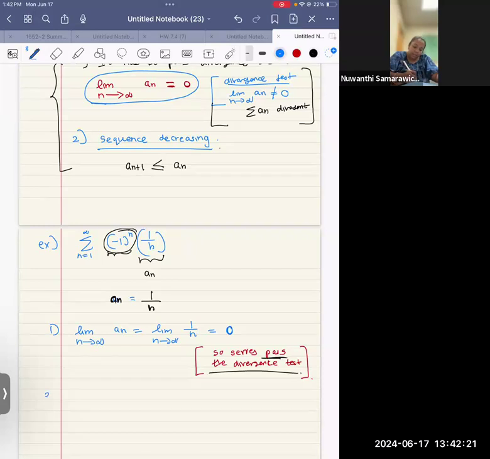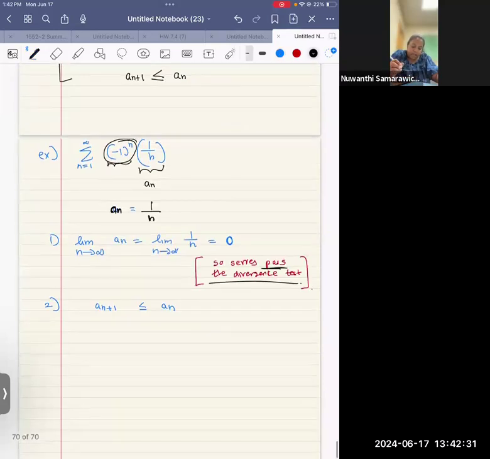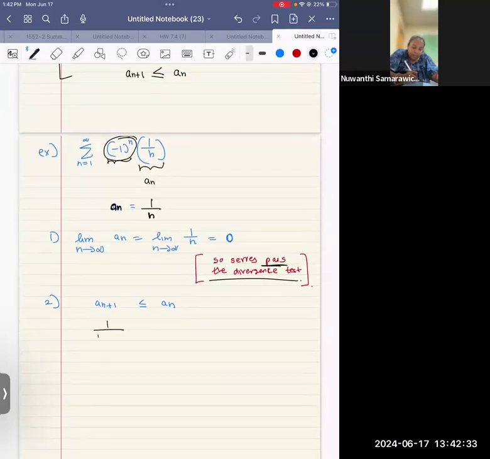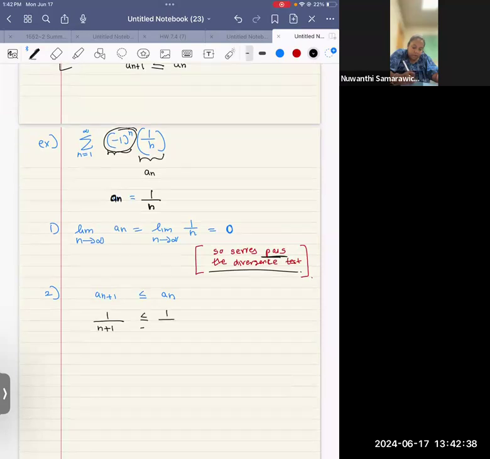Then the second one, we need to check whether this is decreasing. We need to show that this is a true statement. Just substitute: A sub n plus 1, that is 1 over n plus 1, less than or equal to 1 over n. Is this a true statement? Yes, right?